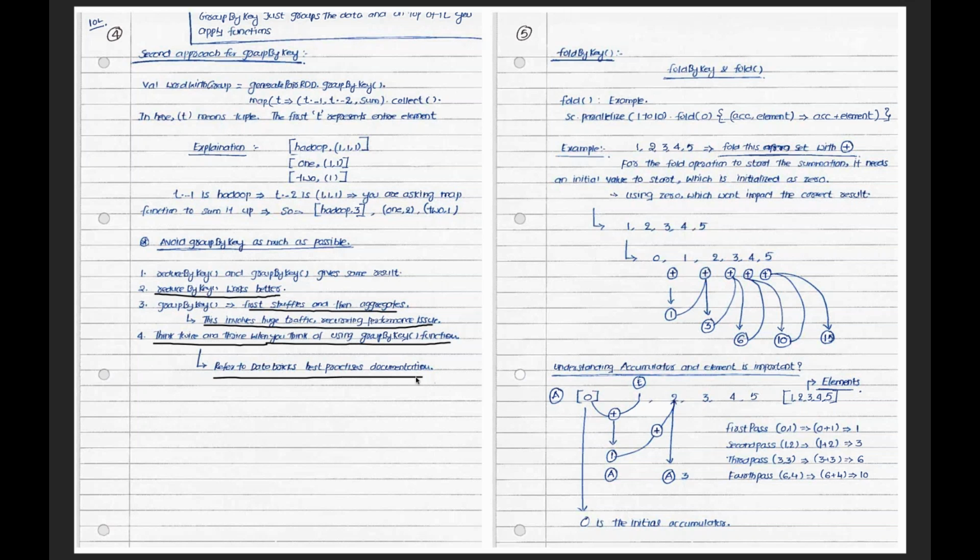Reduce by key is much better than group by key. Avoid group by key as much as possible. The problem is group by key first shuffles the data and then aggregates the data. This involves a lot of traffic and recurring performance issues.